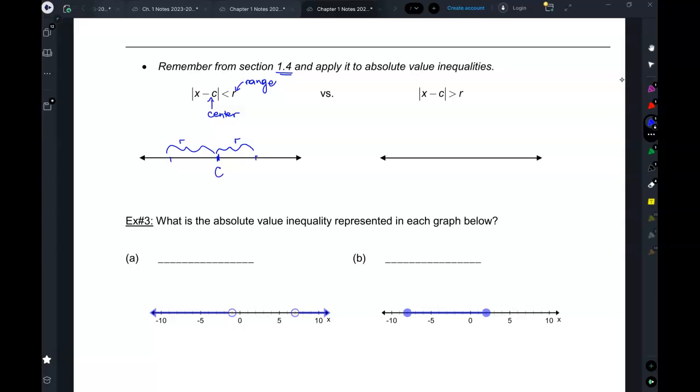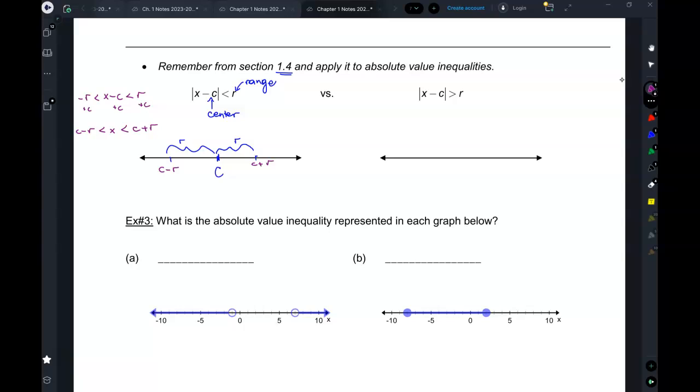So the way we write this is, negative r less than x minus c less than r, and then you add c to both sides. So we get c minus r less than x less than c plus r. From this point, I go here to c plus r, c minus r, and this region here is r and r.